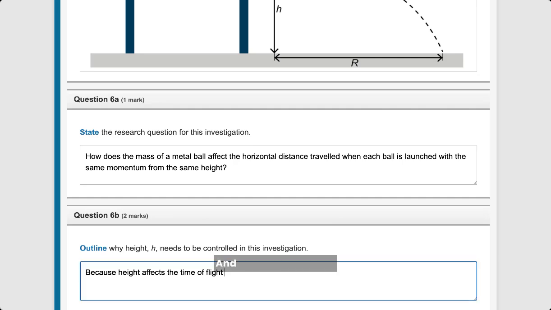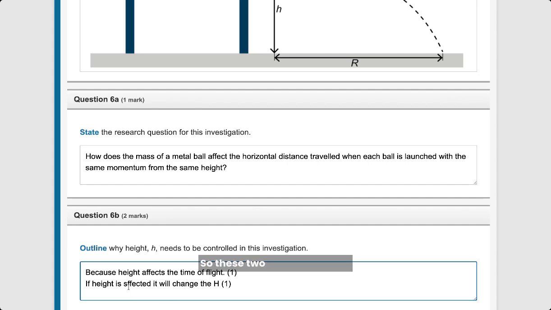Remember, it's 2 marks. You have to get the 2 marks, right? So this will carry 1 mark for you. And if height is affected, it will change the horizontal distance, and that is going to be the other 1 mark.